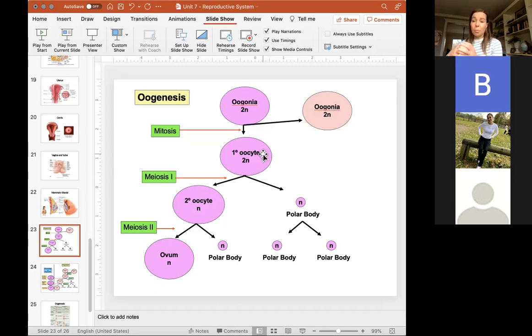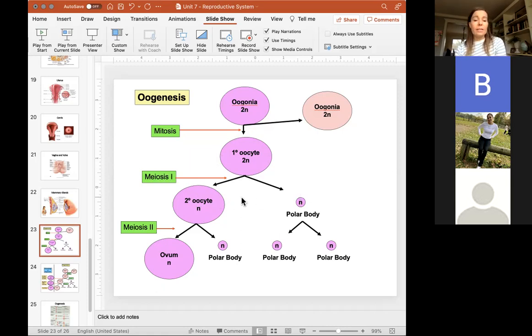Within the primary follicle, the actual egg, the oocyte, will complete meiosis 1. So here is the primary oocyte. It will finish dividing. It will go through meiosis 1, and that produces a secondary oocyte and what's called a polar body.